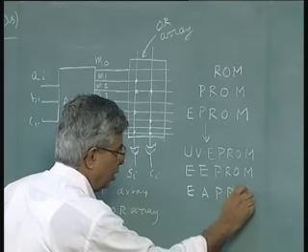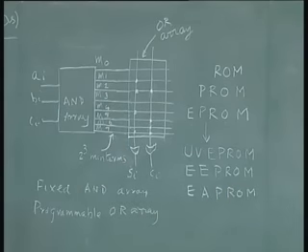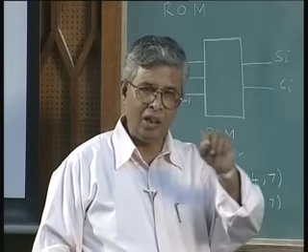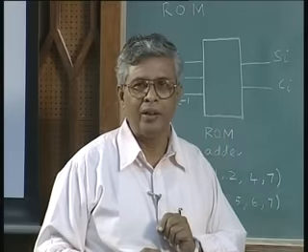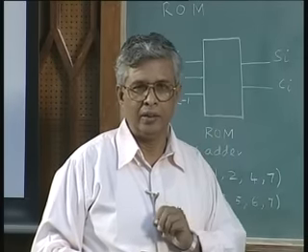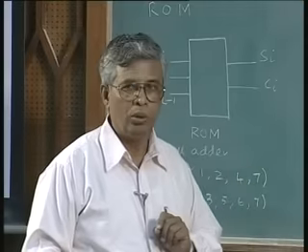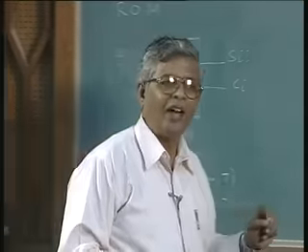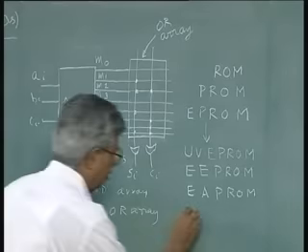electrically alterable programmable read-only memory, wherein the device stays in the circuit without having to be removed from the circuit, and you can selectively alter the programming of the device wherever you want to. These devices are also called flash memories, you might have heard of this term.